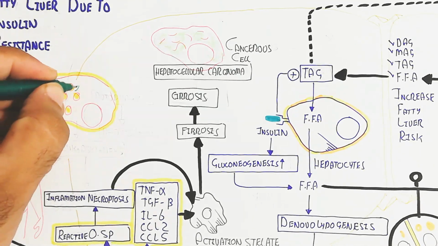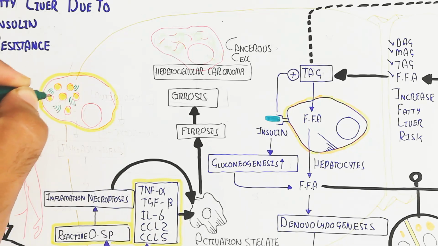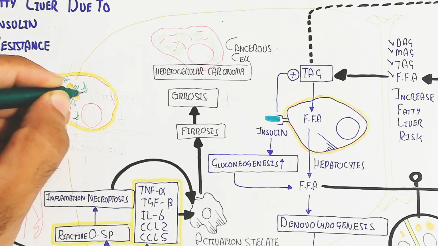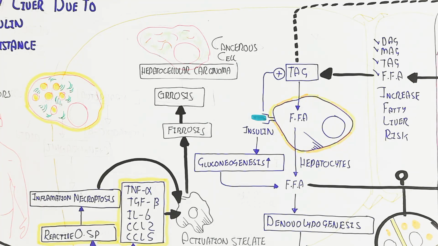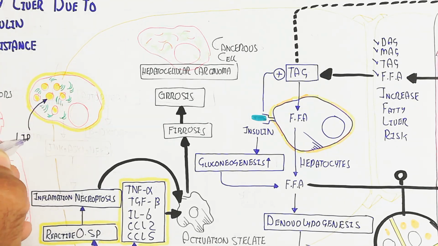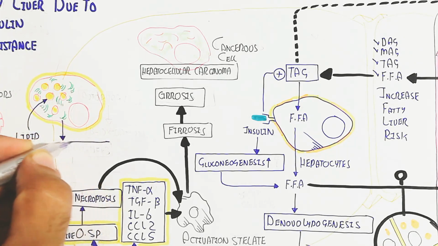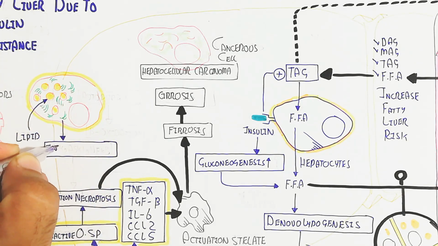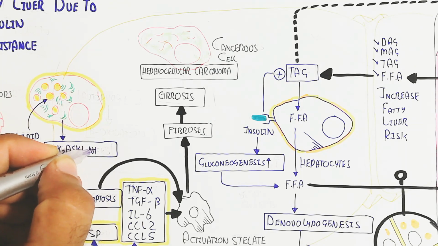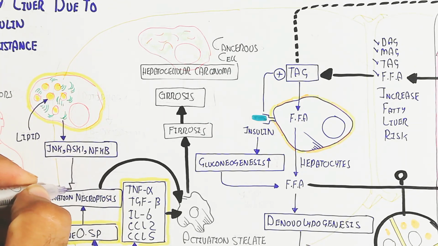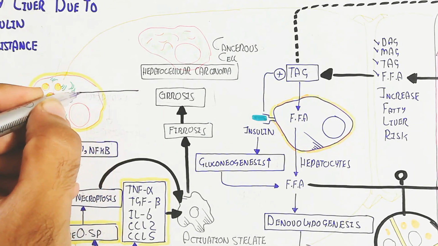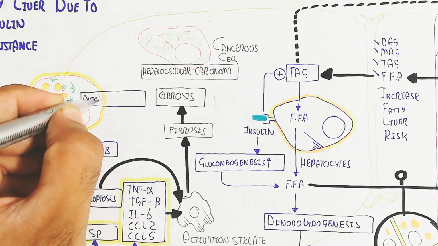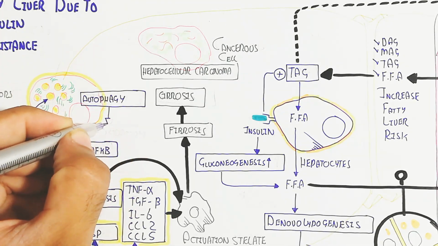In this way, the lipid-laden hepatocyte will be apoptosed, with necrosis. So autophagy will occur, and autophagy will lead to beta oxidation. Autophagy means the cell itself will die, and here you can see the lipid-containing cell, the hepatocyte.